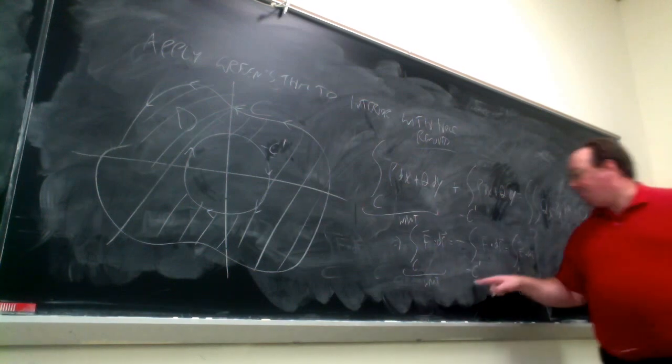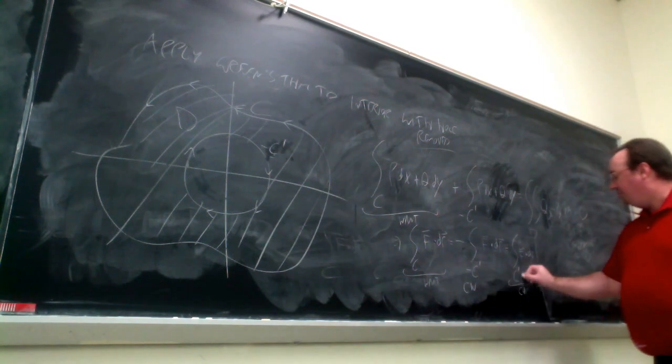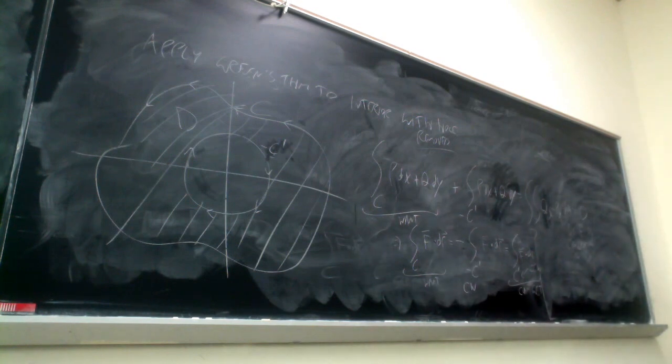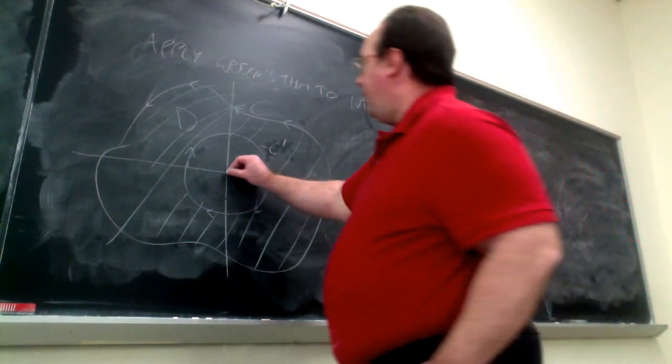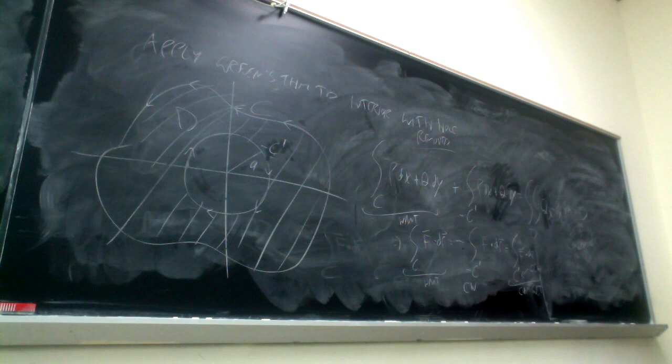Minus C prime is clockwise orientation; minus that is counterclockwise. This is a circle of radius A, where A is chosen small enough so that it is contained in here.